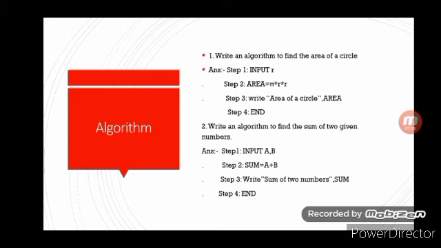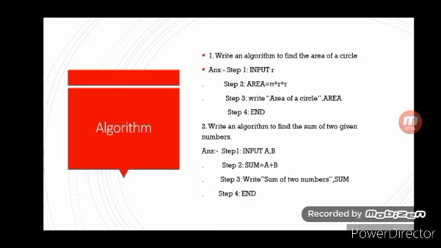Look, the star is the multiplication sign in computer language. Now the third step is write 'area of a circle', comma, area. Look, 'area of a circle' is the statement, and the AREA is the capital AREA which is in step 2.